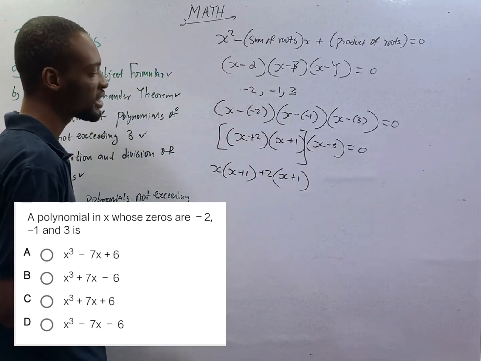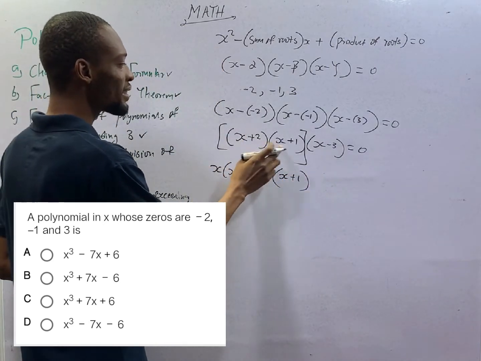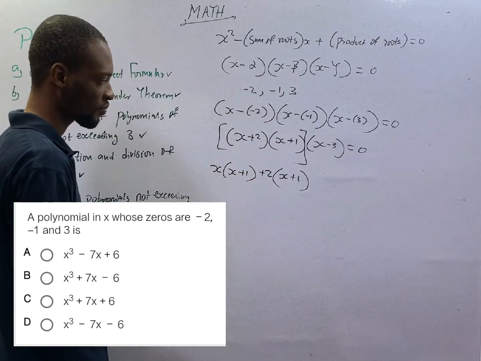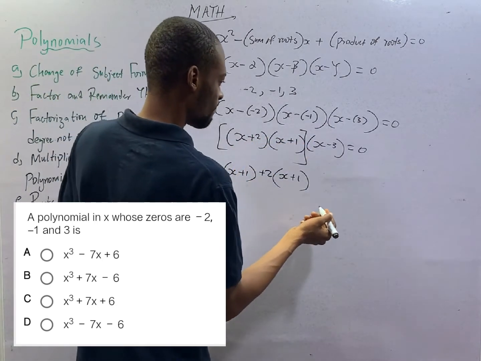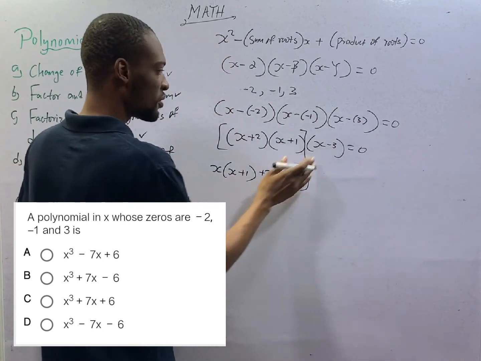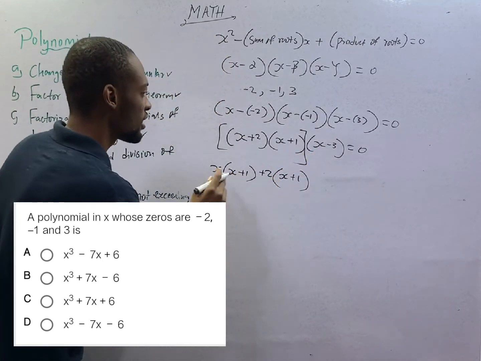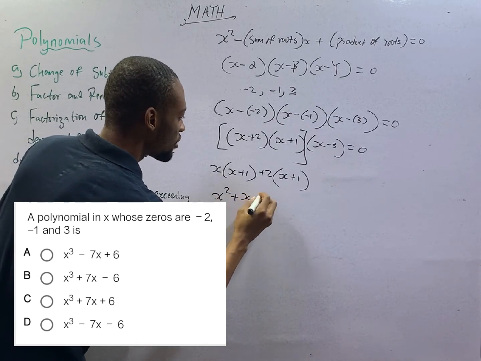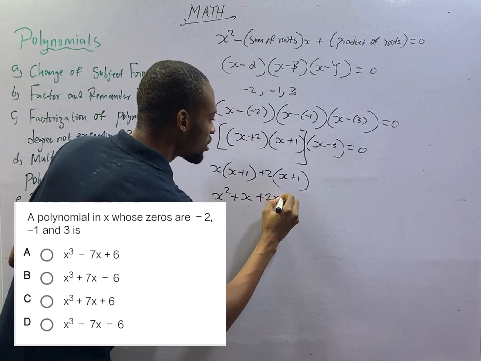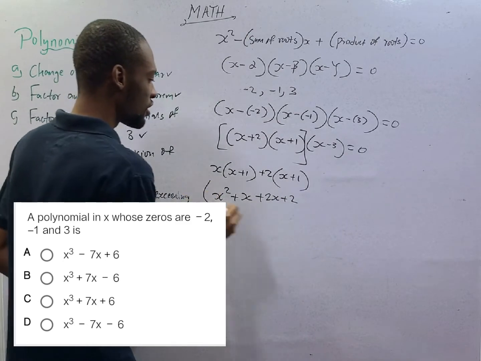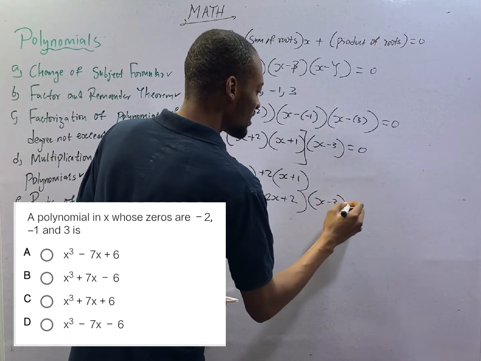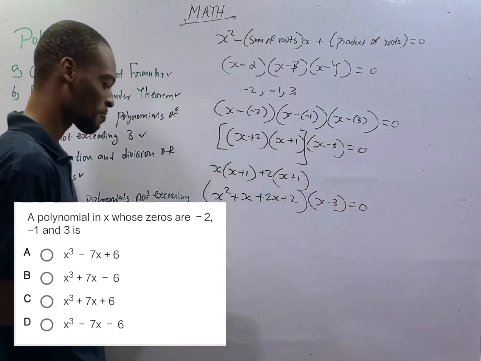Which is the same thing of saying, use this to multiply this, and use this to multiply this and this. Then do this first before you add this. That should give you s squared plus s plus 2s plus 2. This is this, and s minus 3 is equals 0.